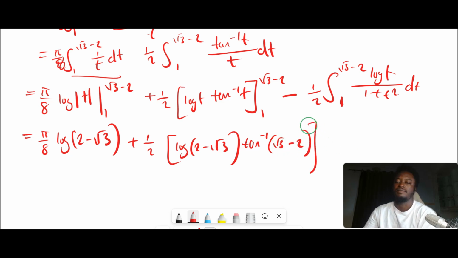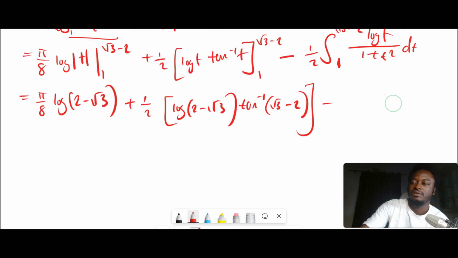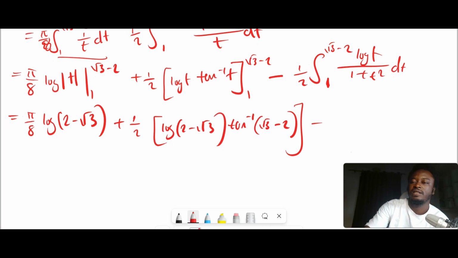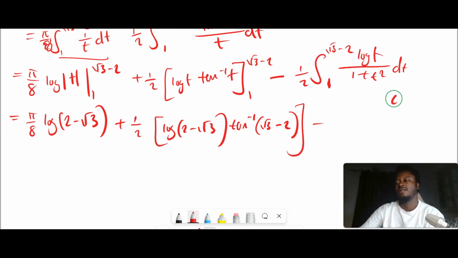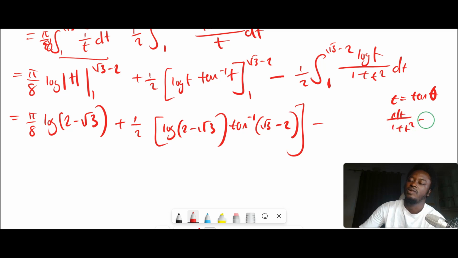Then minus, now we are going to make a substitution, because we are going to take t to be tan theta. So if t is tan theta, then dt over 1 plus t squared would be equal to d theta.